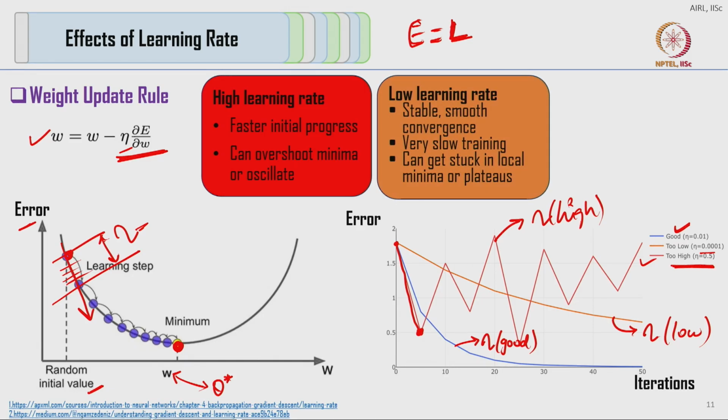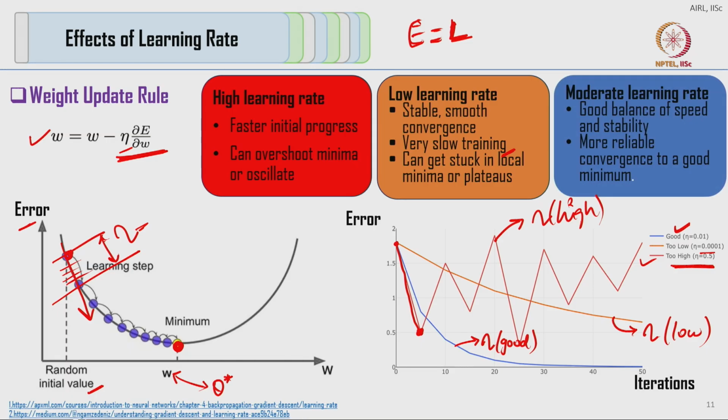A low learning rate, which is the orange curve, is more stable, but it is very slow during the training process, and we can observe that the convergence is very slow, the rate of decrease in error is very slow. And lastly, we have a moderate learning rate, which is a good balance of speed and stability. Essentially, we want to converge quickly, with more reliable convergence to a good minimum, which is observed in the blue curve.